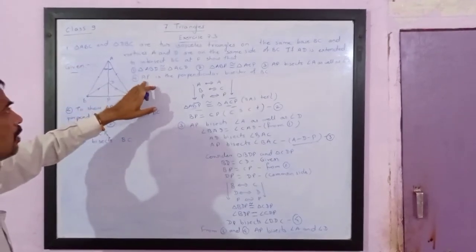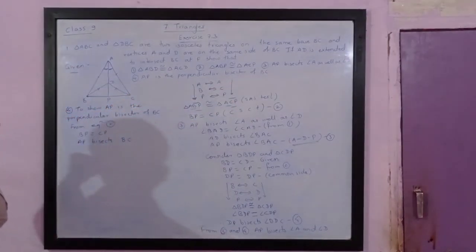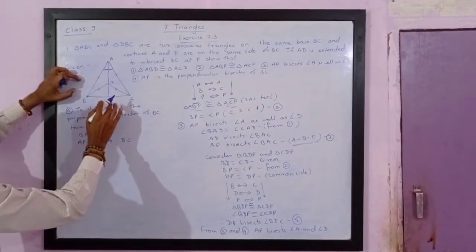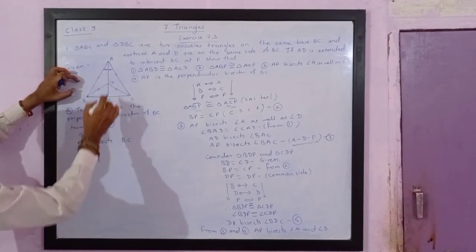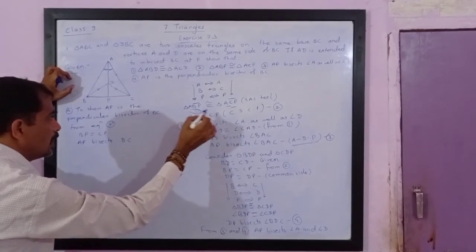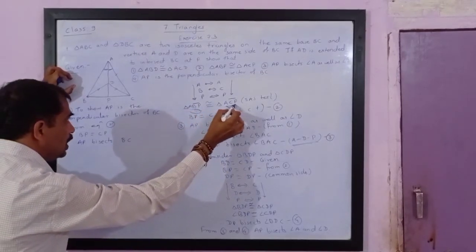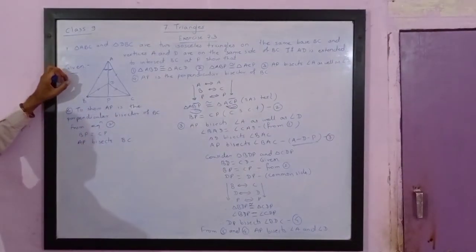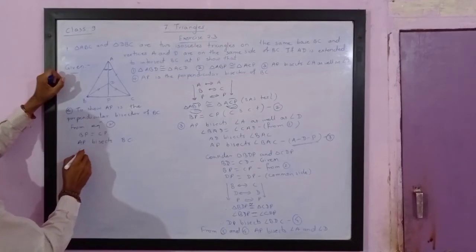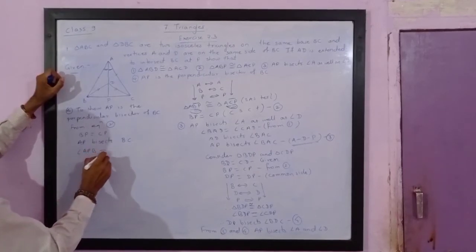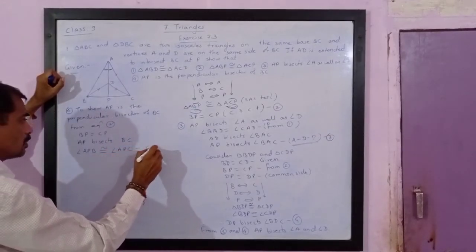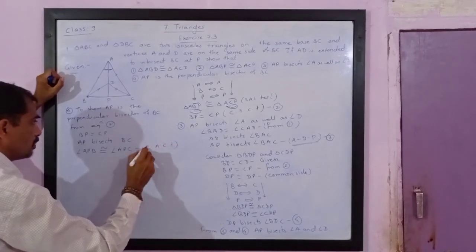Now we have to prove that AP is perpendicular to BC. To prove this, we have already proved triangle ABP is congruent to triangle ACP. So you can see angle APB will be equal to angle APC, because they are corresponding angles of congruent triangles.